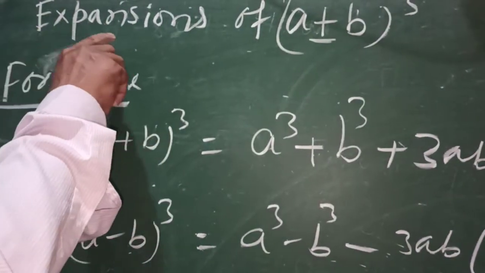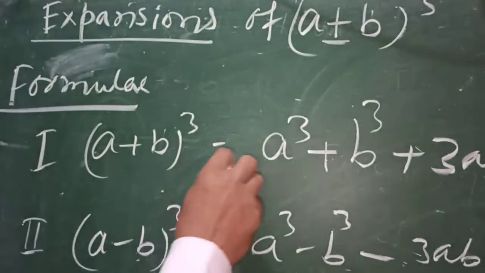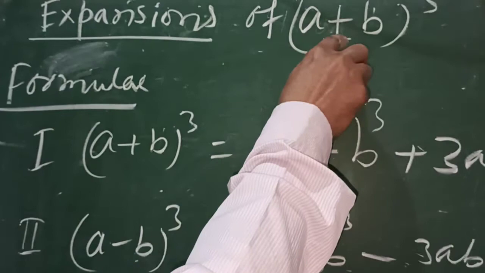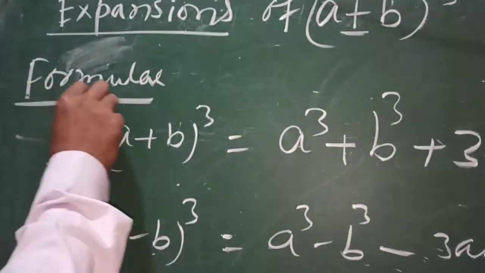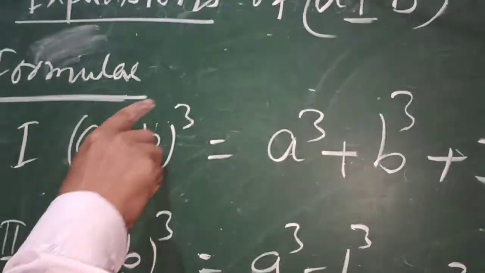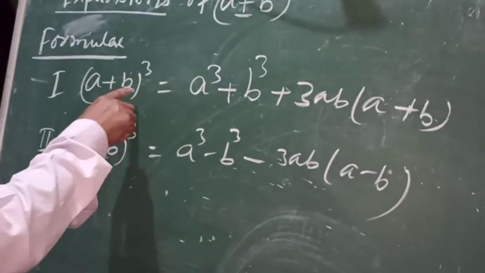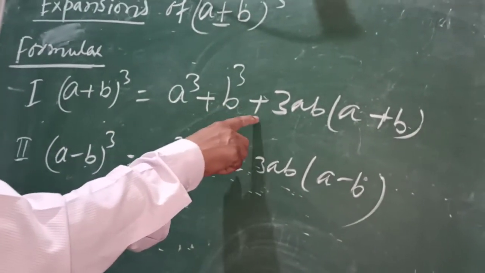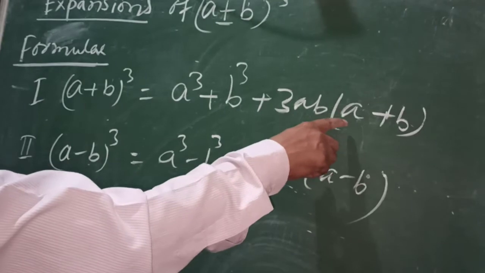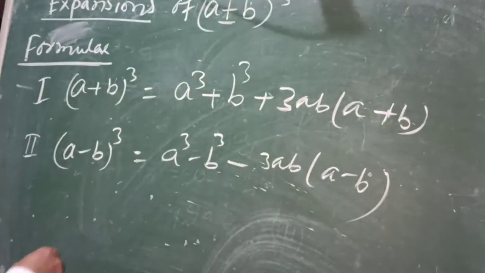Next exercise. First of all you will study the expansions of a plus minus b whole cube. It is a formula. First, you can expand a plus b whole cube is equal to a cube plus b cube plus 3ab bracket a plus b bracket close.